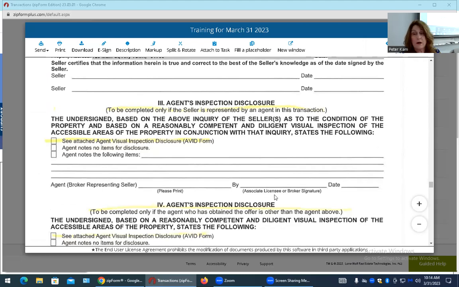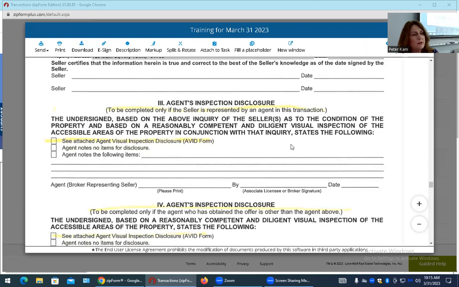So normally on our form, our TDS, we advise the agents to check the AVID. So AVID technically is not a statutorily required form, but if you bring it into this TDS and you did not deliver it with the TDS, they now can wait for you to complete this TDS, which would mean attaching that AVID.